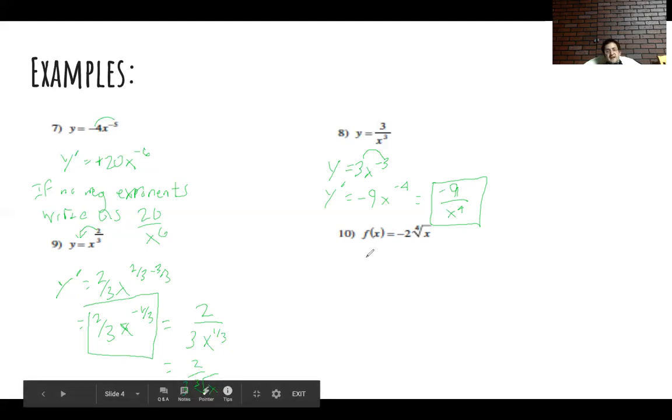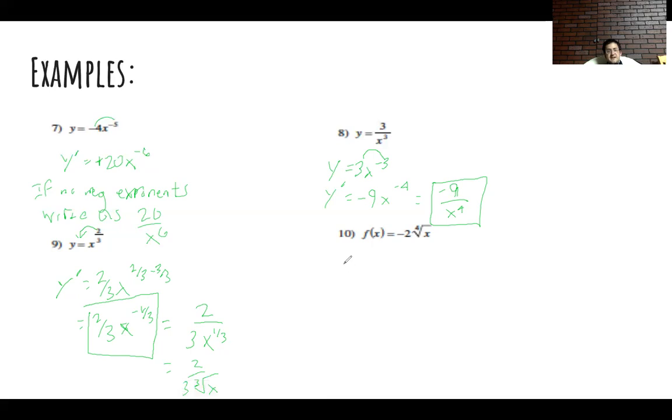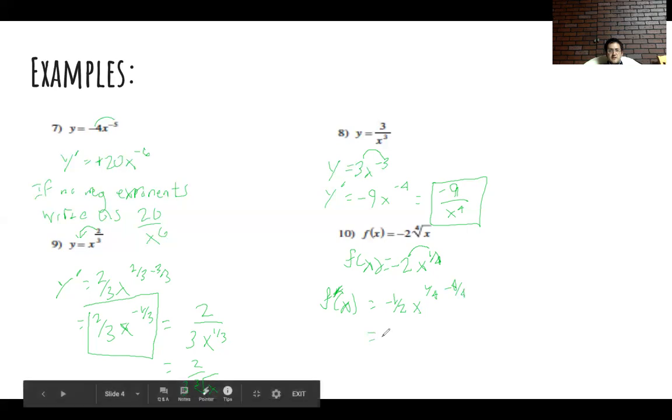Now for number 10, this looks like a mess. So I would actually write this first as negative 2 x to the 1/4. When I take the derivative, f prime of x, this would become negative 1/2, and then x to the 1/4 minus 4 over 4.